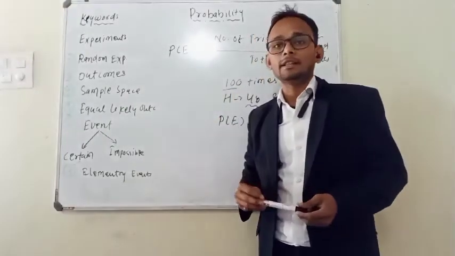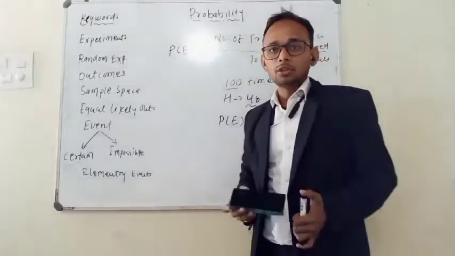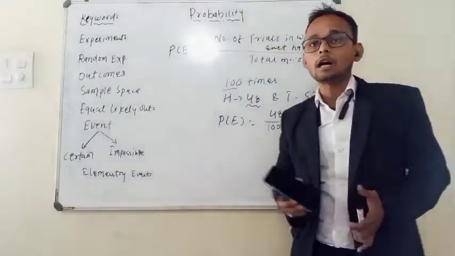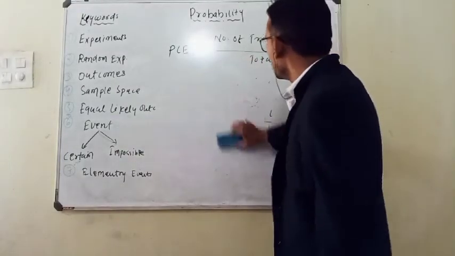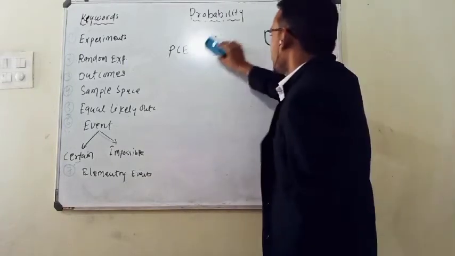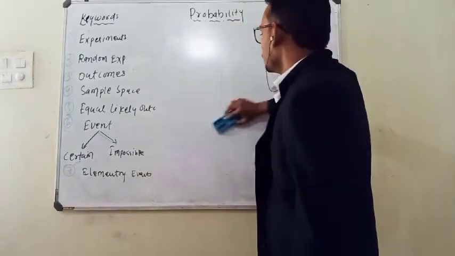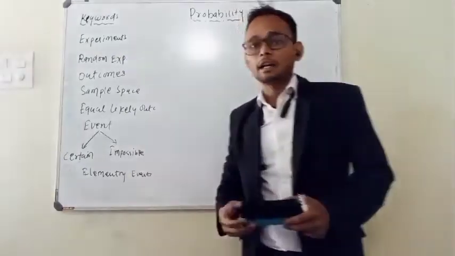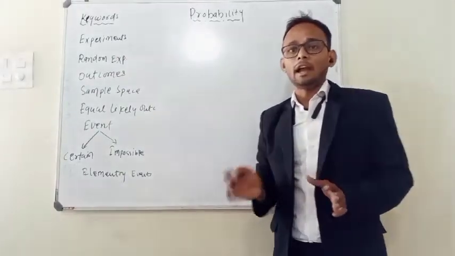In class 10, we are going to learn the theoretical approach. This approach is also called the classical approach. What is the theoretical approach? Here we never experiment; we directly ask what the probability of any event is.